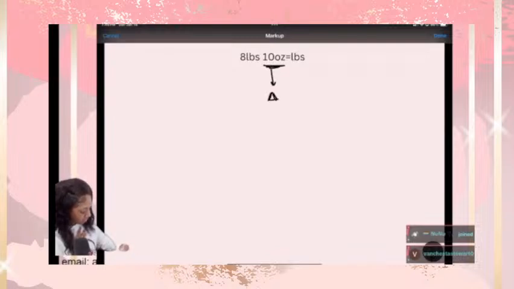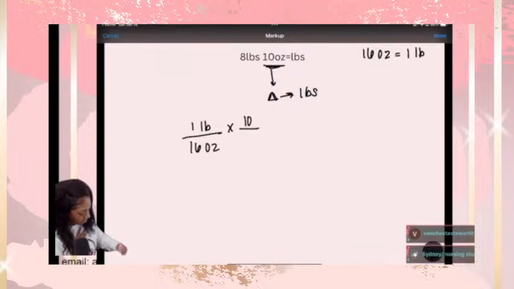Y'all know delta sign means change to pounds. We know that there are 16 ounces in 1 pound. If we're looking for pounds, we'll start with pounds. So 1 pound is 16 ounces. Then we have 10 ounces over 1.